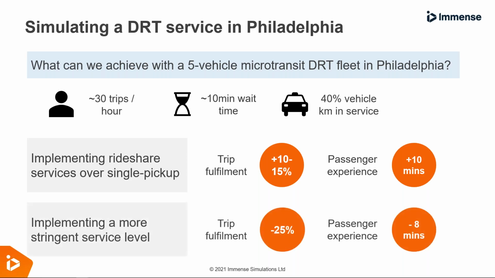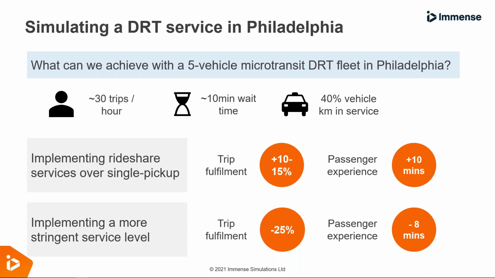Another thing that we can consider as we go through this is to look at implementing more stringent service levels. So if we think that the reason why people aren't choosing fixed transit and public transit services over private car is for convenience, then we need to implement DRT and on-demand services that offer significant benefits or are nearly comparable with private car use as well.